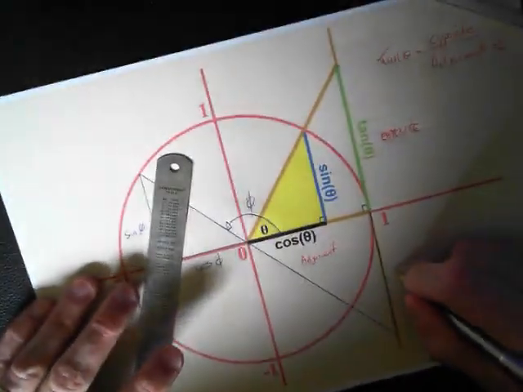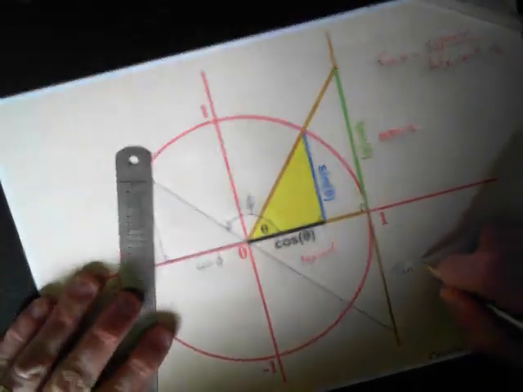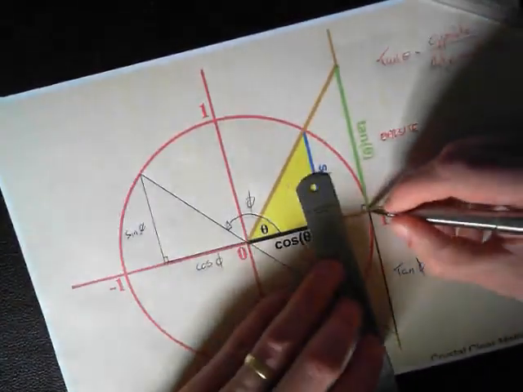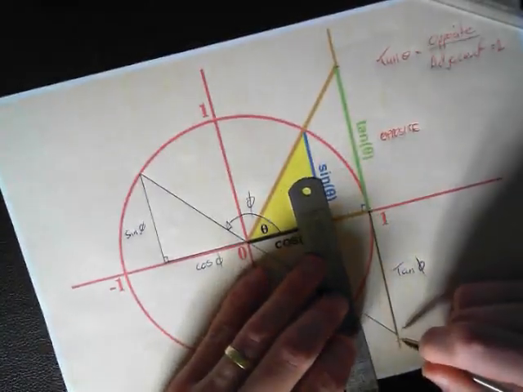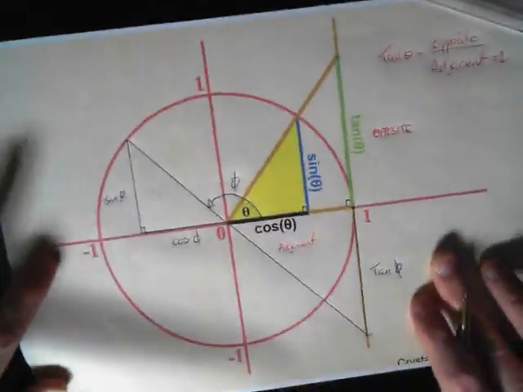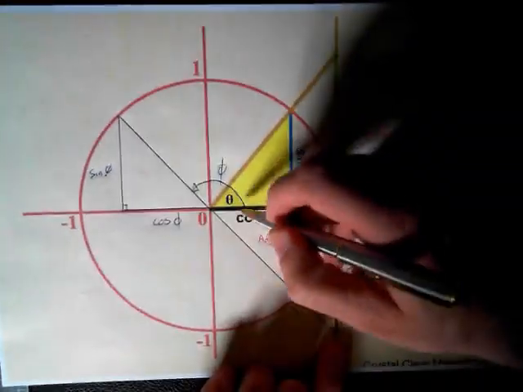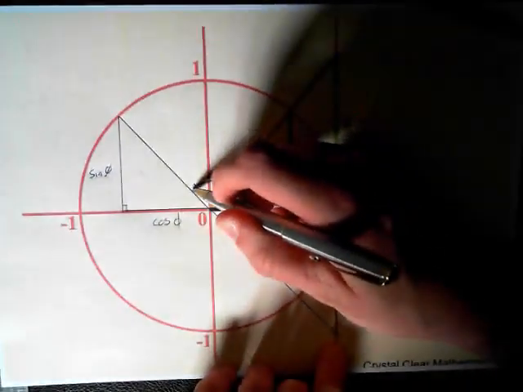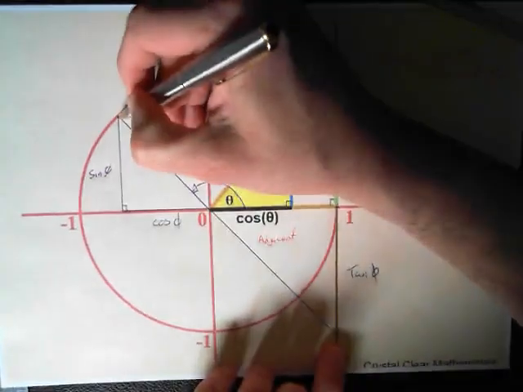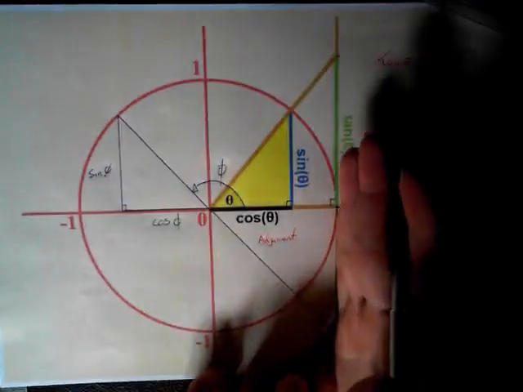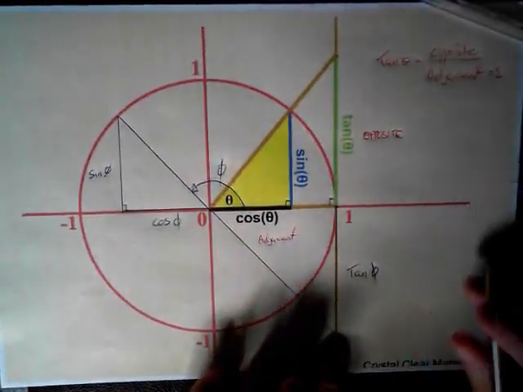of the angle is this length here, from there to there. So let's straighten that up so you can see it. Tangent of this angle that I've drawn in here, round to there, is that length there, because we go back to the tangent that's on the right of the unit circle.